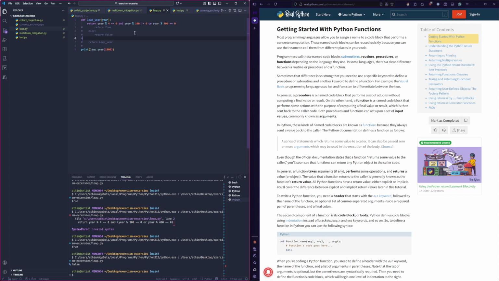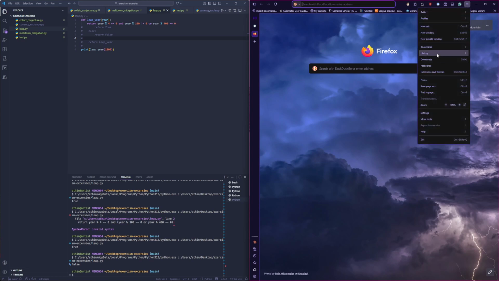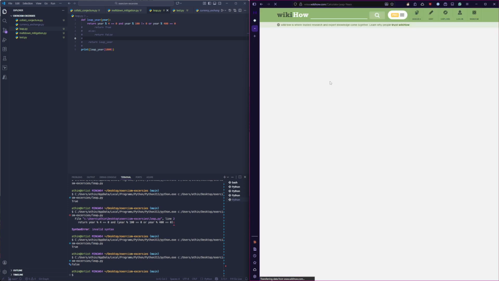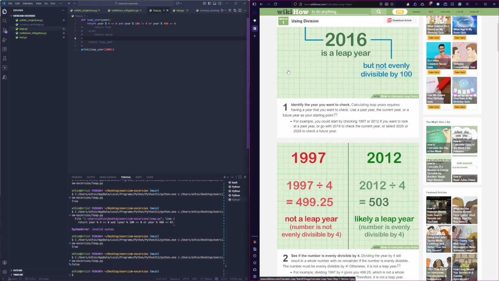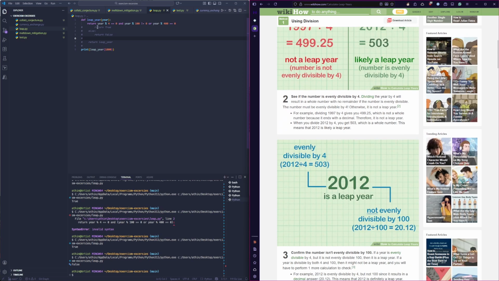Before that, I just did an if statement, and I tried to return true or false based on the equation. I was reading this WikiHow. I was trying to decipher it and put it in an equation. So I was trying to do an if statement.